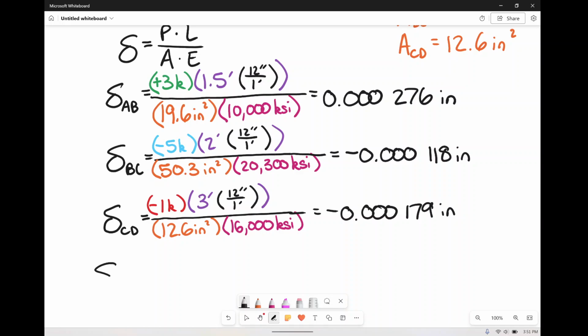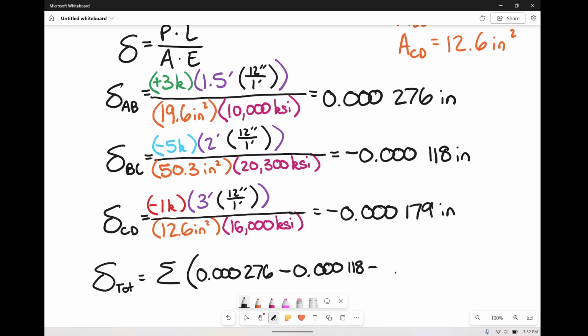And anyway, if you want to find the total, we just have to sum them all up. So we're going to sum together 0.000276 minus, technically it's plus the negative, so we're going to get minus 0.000118, and then minus 0.000179.